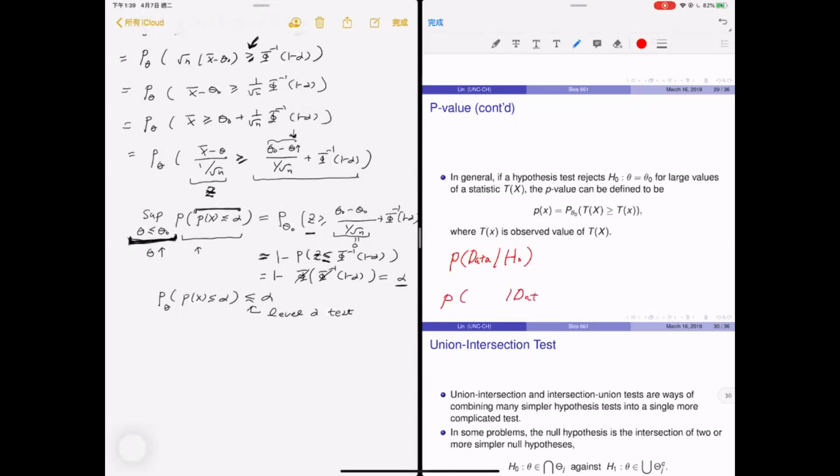Actually, it's collecting your data and trying to evaluate how likely your null hypothesis is. So ask yourself, do you like 1 or 2? I've told you, even though I'm a frequentist, I like 2 better than 1. That's the reason why people say frequentist thinking about hypothesis testing doesn't make a lot of sense.